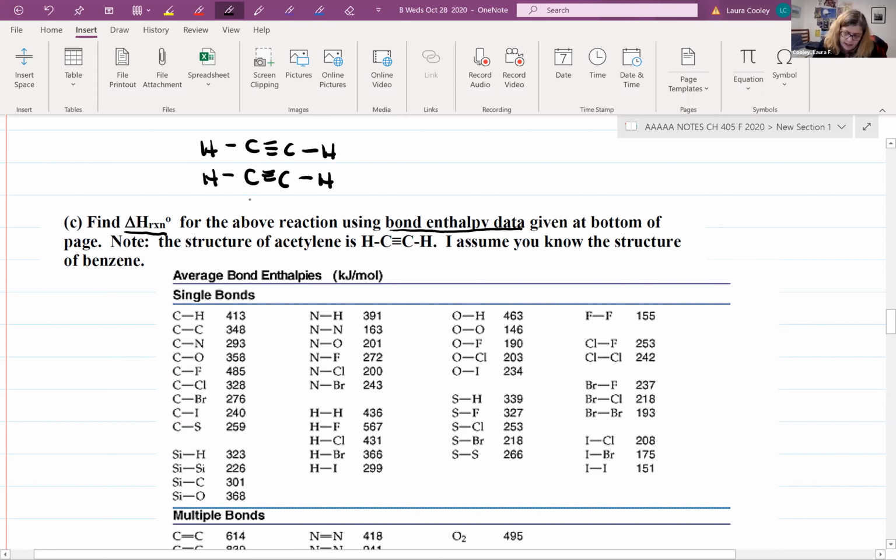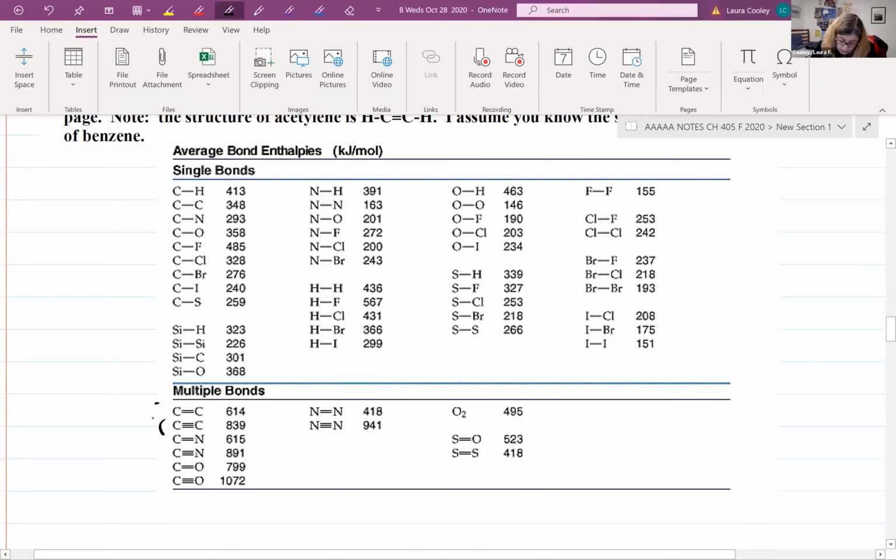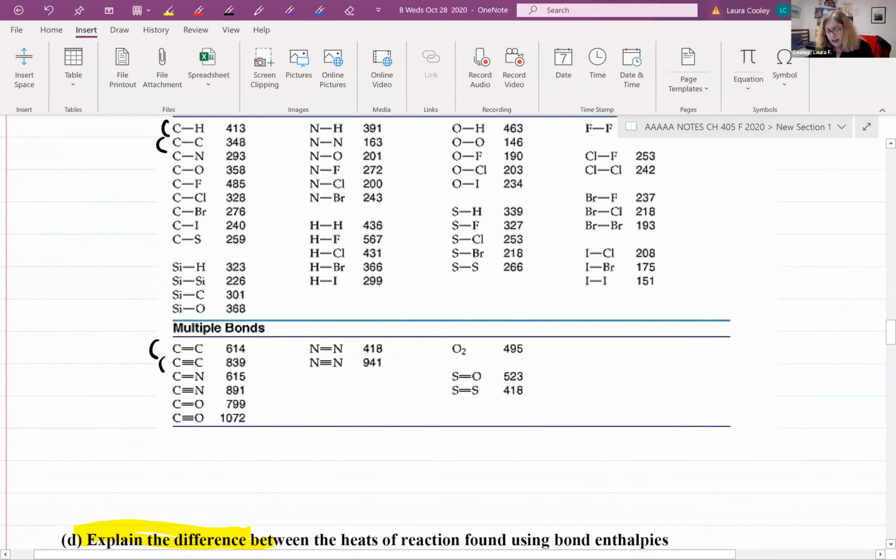Not that there's any here. So I would actually draw 3 of these and say, okay, what's going on here? I'm doing this and I'm ending up with, and actually draw it and figure out how many bonds are broken and formed. And here's a chart, and you'll notice there are double bonds and triple bonds, and you use this data here. Okay. And then you'll see how close it comes.